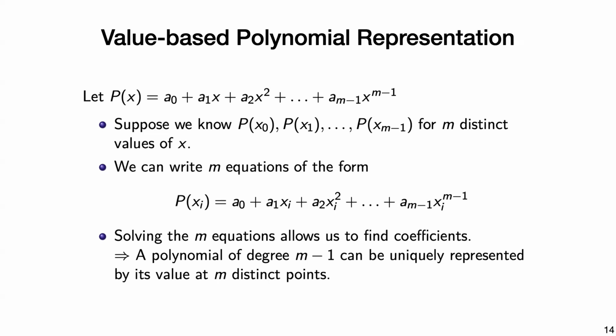Another way to uniquely identify a polynomial is through m values. If you have degree m, and you have m values of p of x evaluated at these points, you can come back to this polynomial by solving systems of equations.